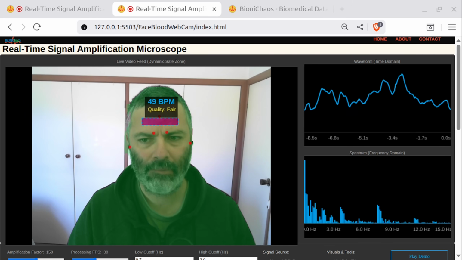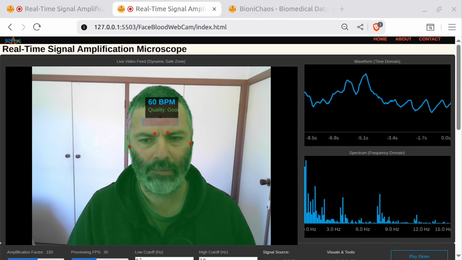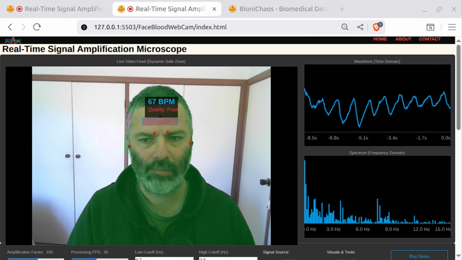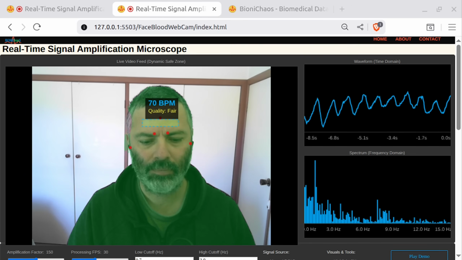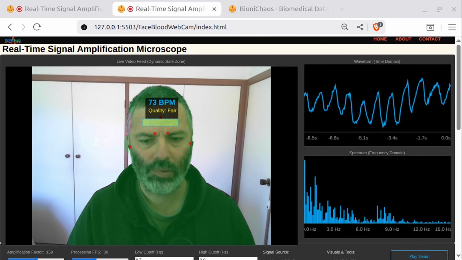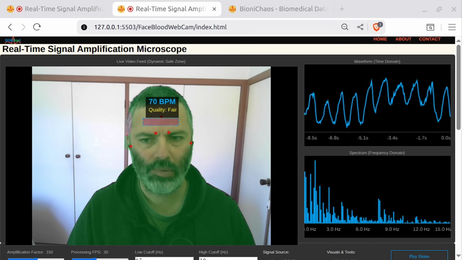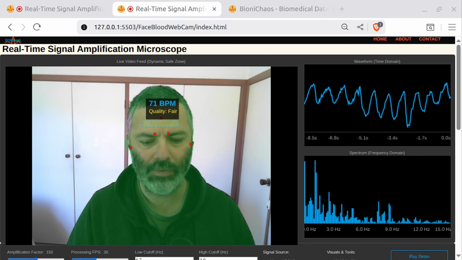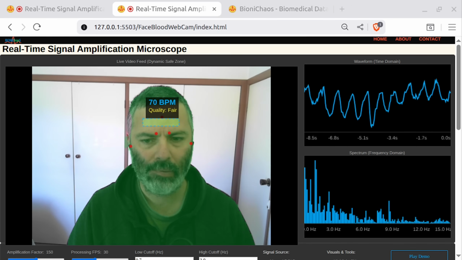It might be that the quality indicator is based on a different metric or threshold than what we're visually interpreting from the signal. Sometimes these indicators factor in things like movement artifacts, slight changes in skin tone, or even minor inconsistencies in the camera's frame rate. Can you frame it as a question to the developer? Absolutely.